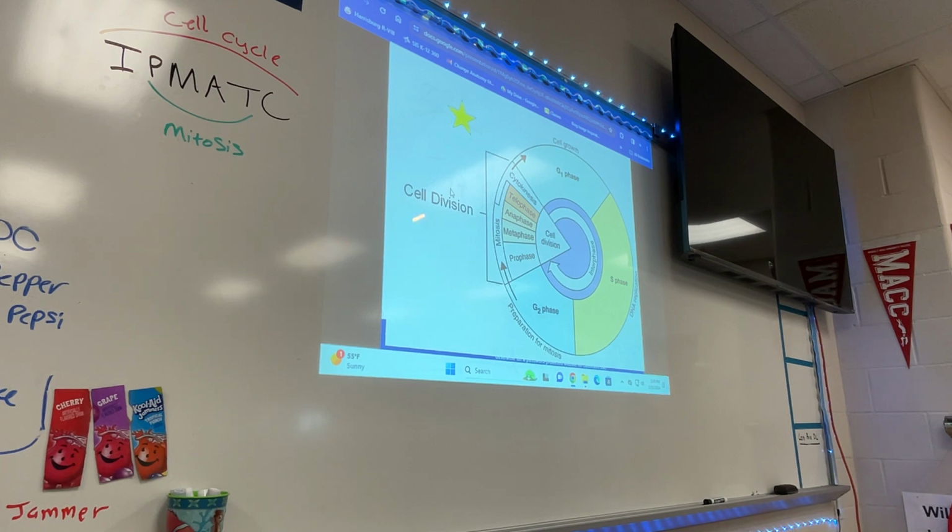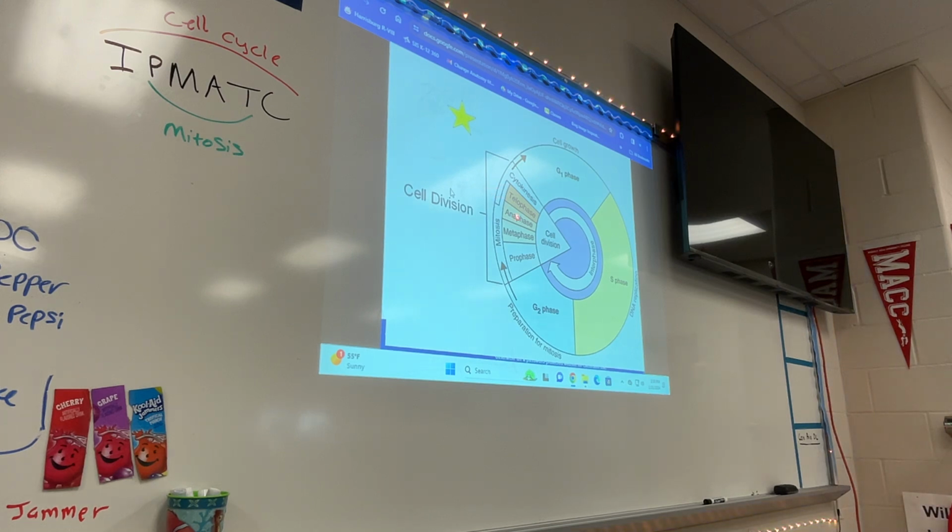The other thing I really like is that it shows that cytokinesis and mitosis overlap. Cytokinesis is the division of the cytoplasm, which we'll get into later. It's a separate process. It's not the same. Mitosis and cytokinesis are two different things, but they do overlap, and I like how this picture shows that here.